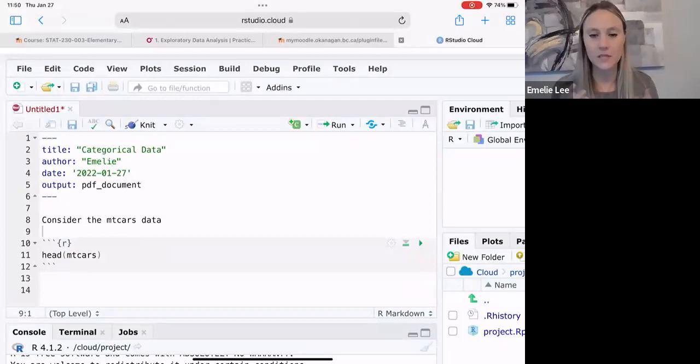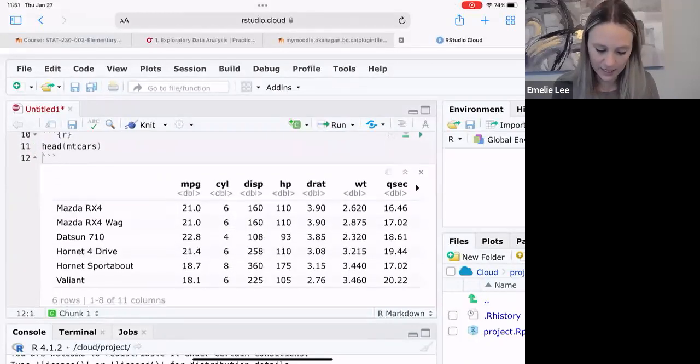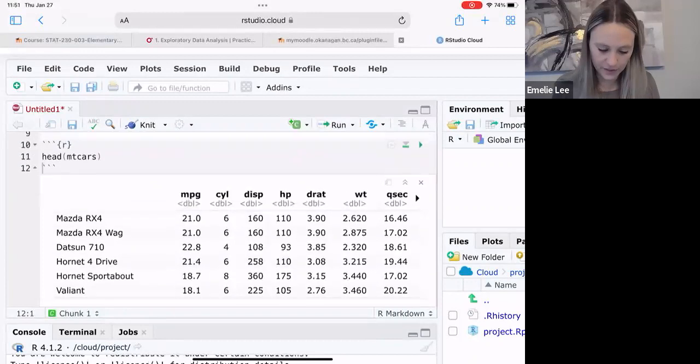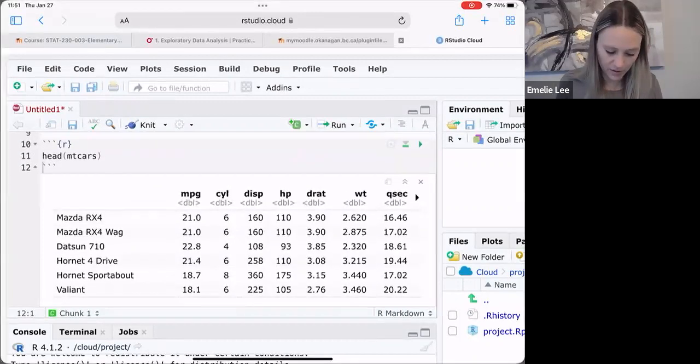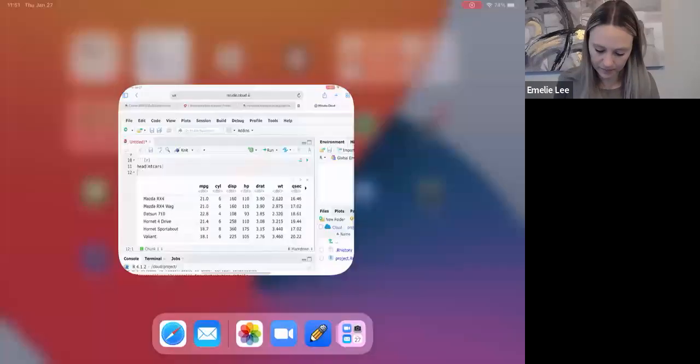Either way, it's just to get a glimpse of the data. Now, the head command of mtcars. mtcars is the name of the data set. You could save it as something else and use that name, but in this case I'm just going to use mtcars, which is built in. If I run this selected line here, I get this output. Okay, I'm going to save this and bring it in here.